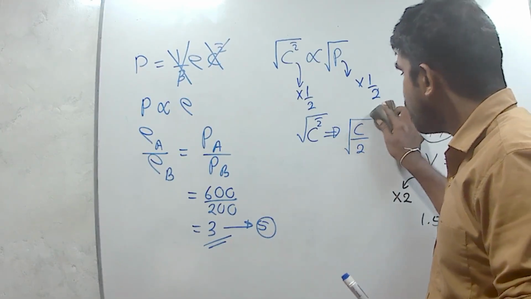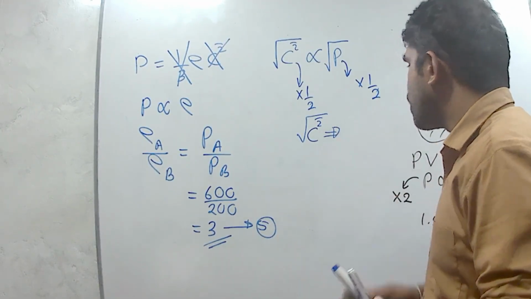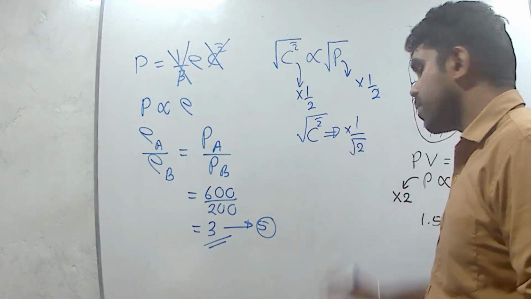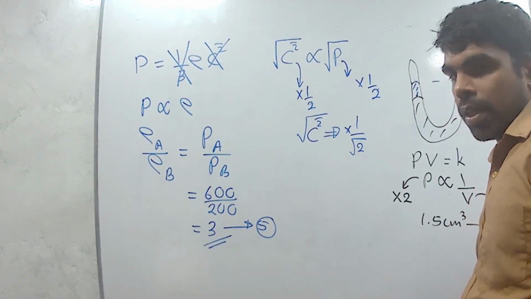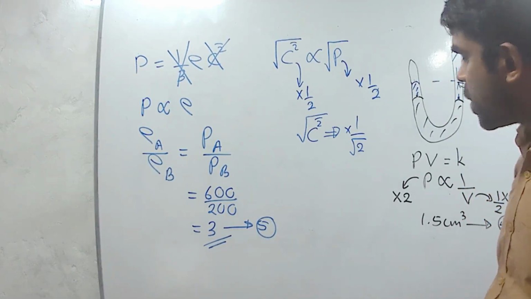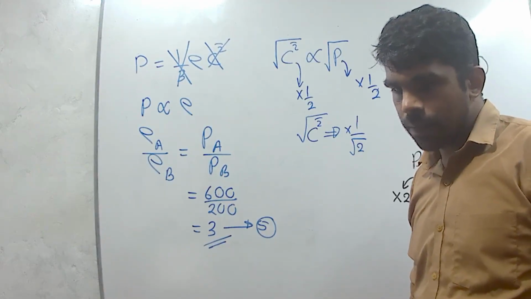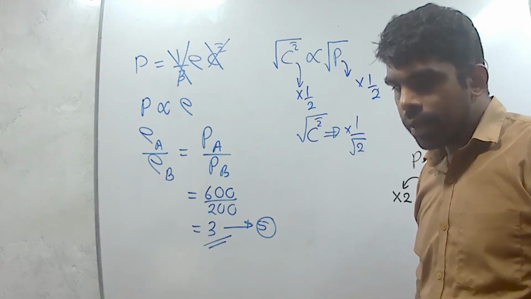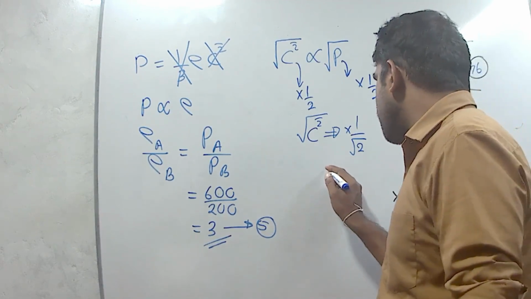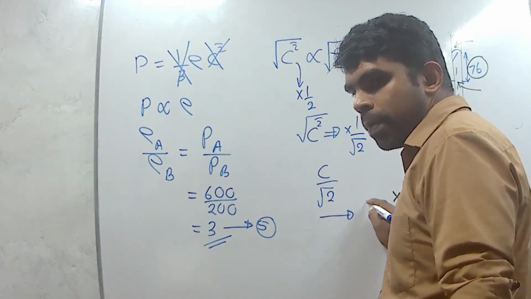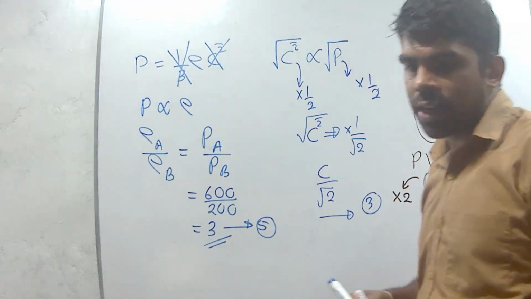When pressure is half, the RMS speed should be 1/√2 times. Now they have given RMS speed is C. Therefore, final RMS speed should be C/√2. C/√2 means the third answer is the correct answer.